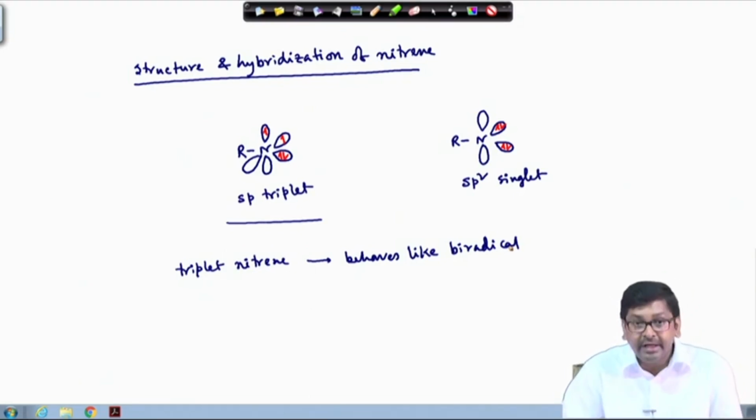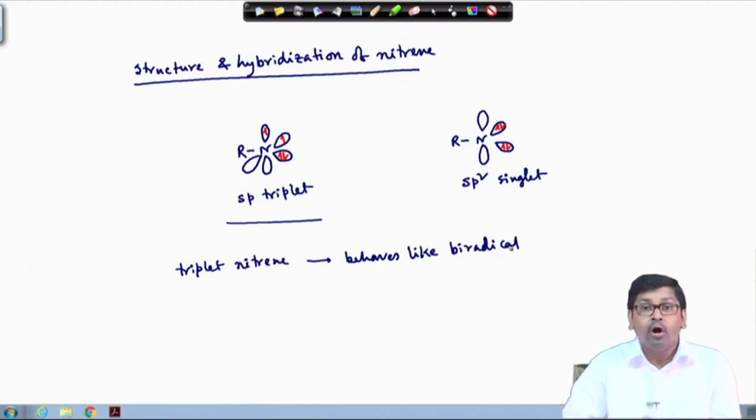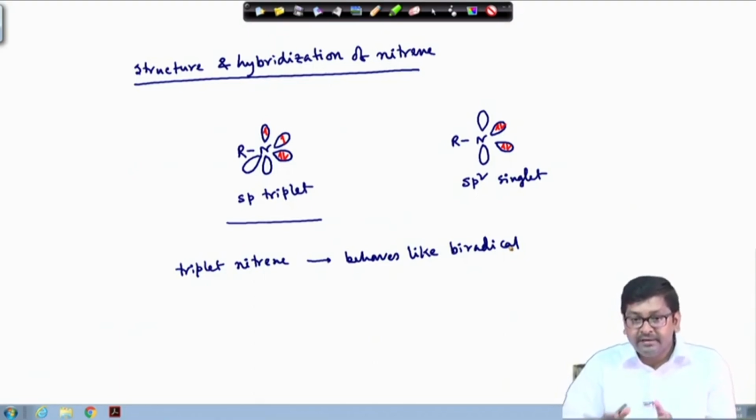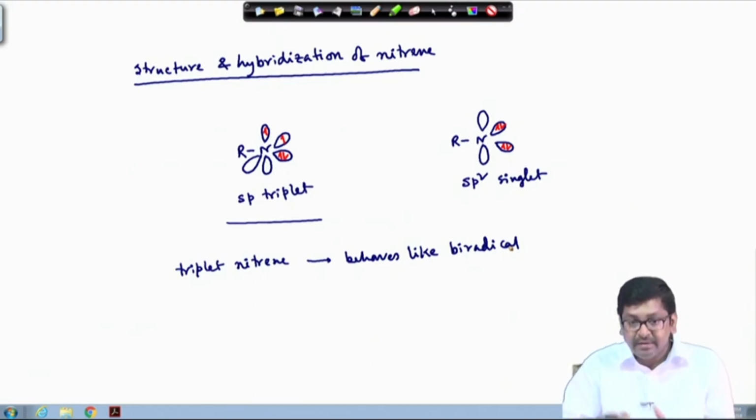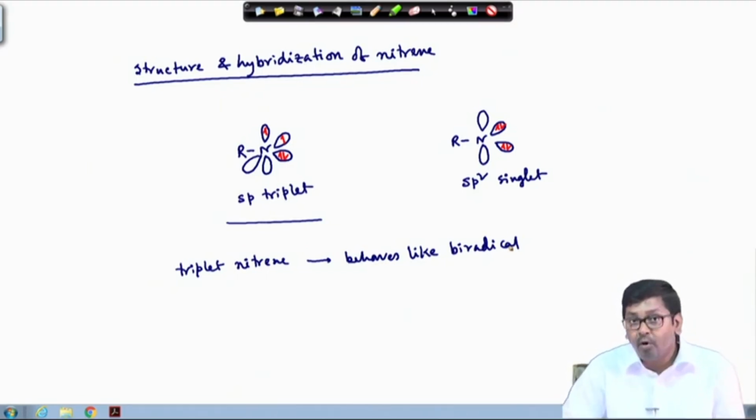So, in that case obviously spectroscopically this can be understood, or experimentally this can be examined, whether this triplet nitrene has formed or not.